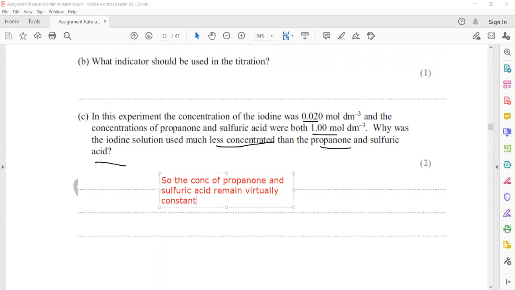A small amount will be there, change will be there, but virtually it is constant because it's too much excess, and the change in concentration of iodine has effect on the rate.